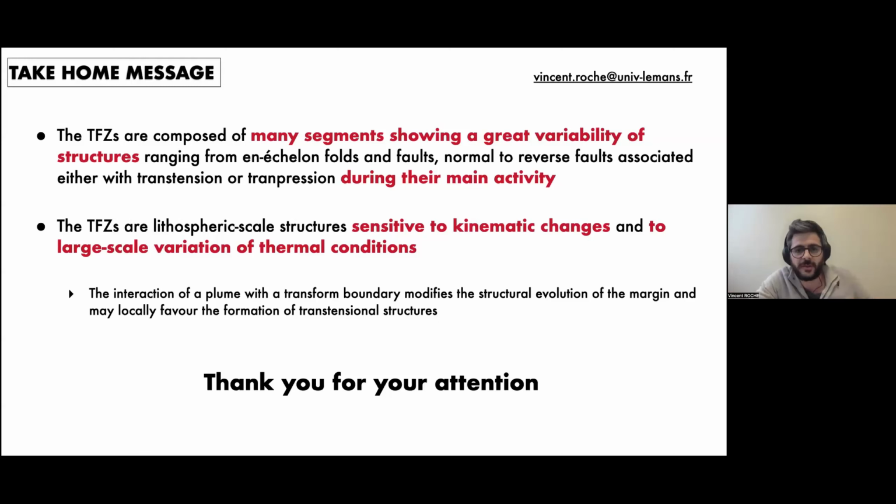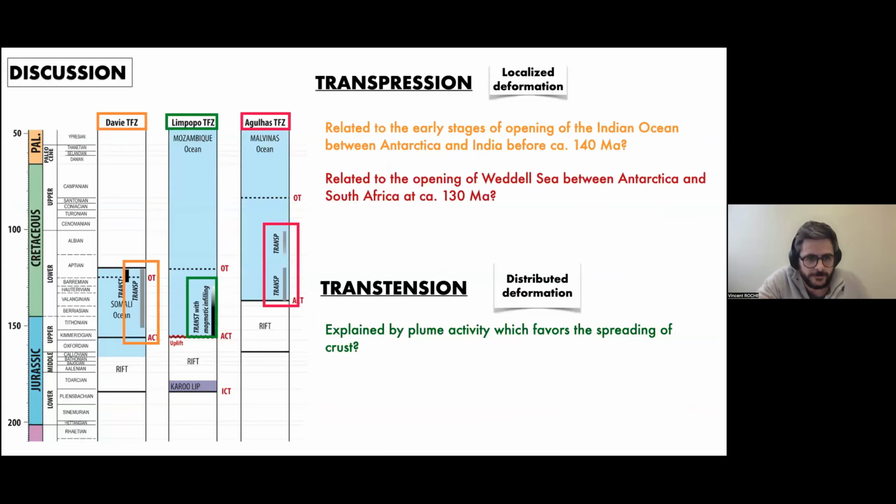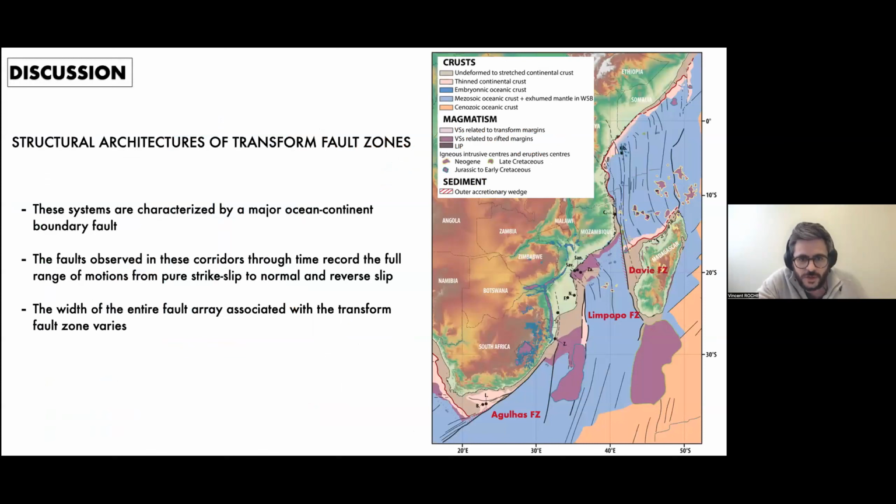No, that depends on the area. In the case of the Davie Ridge, we have a lot of seismic, so we can interpret things quite correctly. This is similar to the Mozambique Basin just there.